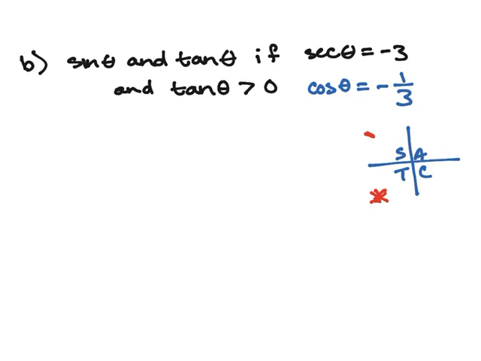My triangle that I'm going to draw, I'm going to pick that to be my theta. Cosine is negative 1/3, so we're going to look at the 1/3. Cosine is adjacent over hypotenuse. So I'm going to make the adjacent side 1, and I'm going to make the hypotenuse 3.